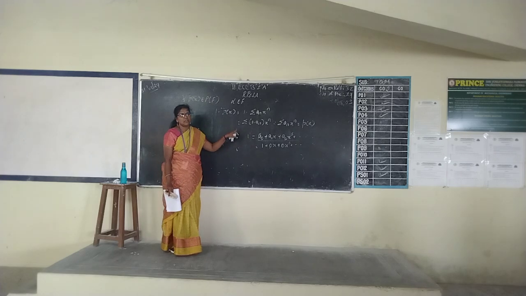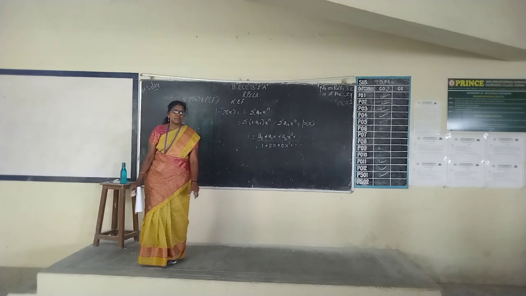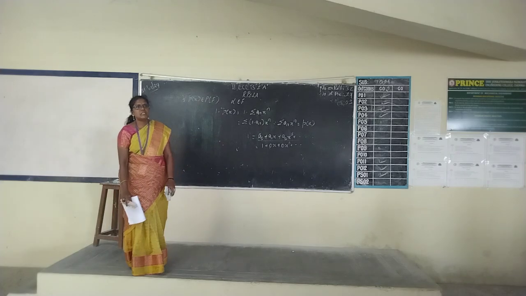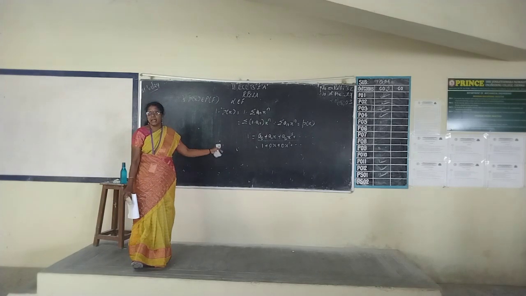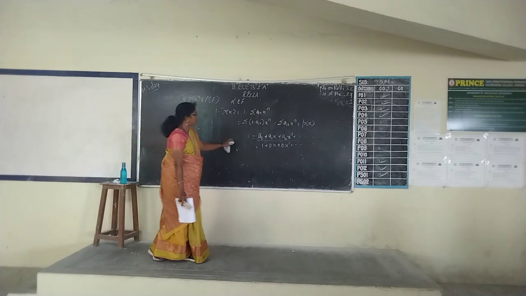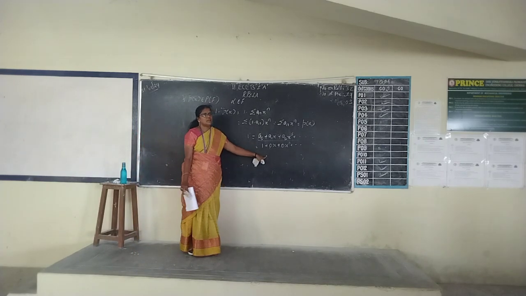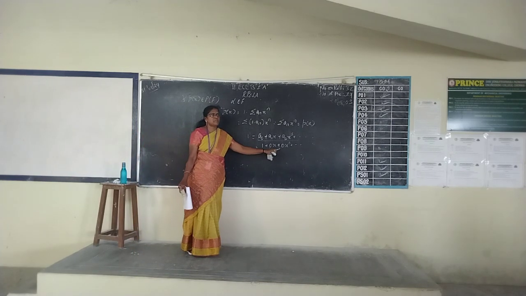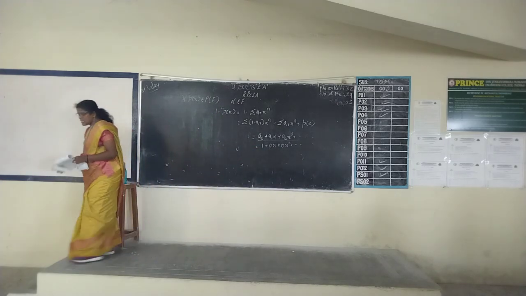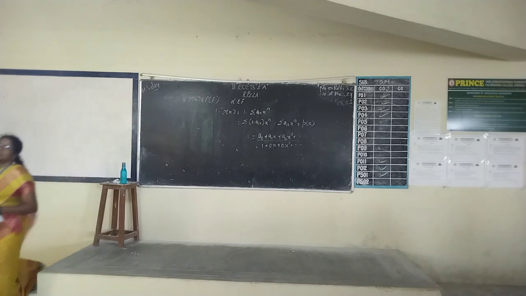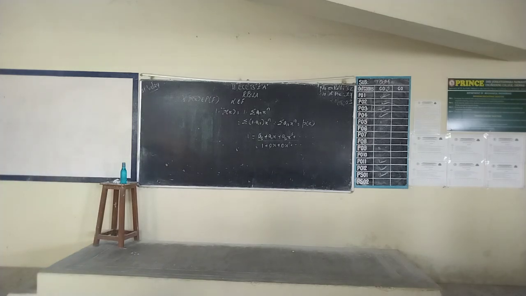Understood? So what is the conclusion you can get? Which is the multiplicative inverse? 1. Therefore 1 is equal to 1 plus 0x plus 0x square plus etc. Yes, the multiplicative identity.